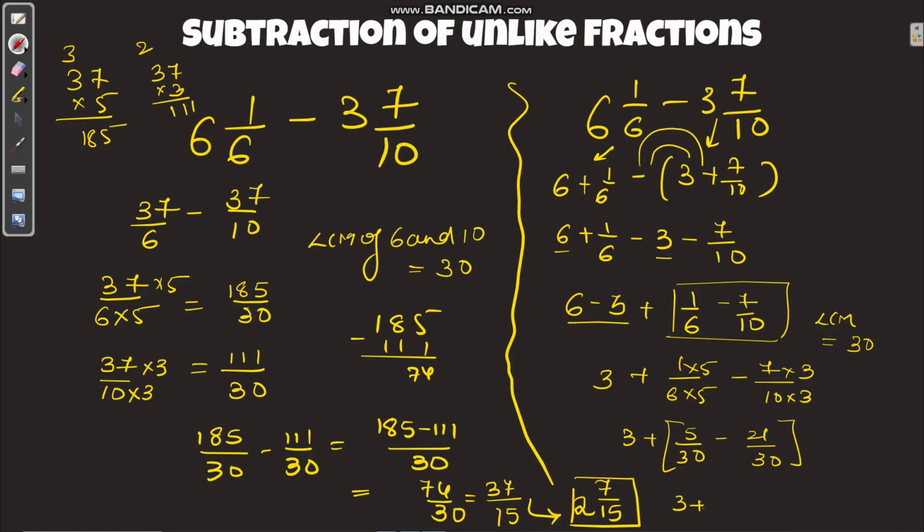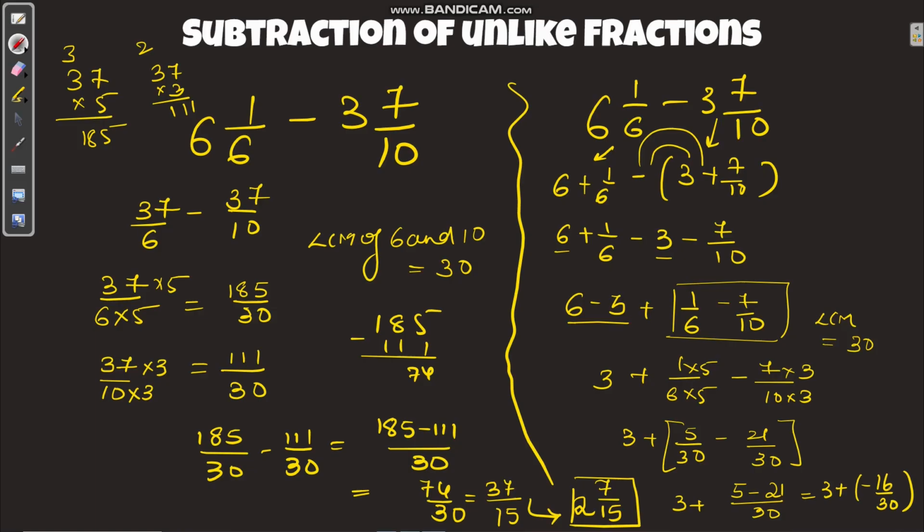Now this is 3 plus, because they are like fractions, I can add or subtract their numerators. It's 5 minus 21 upon 30. So what is 5 minus 21 upon 30? I'll just write down 3 plus, it will be minus 16 upon 30.